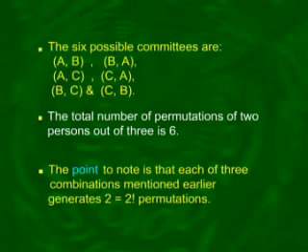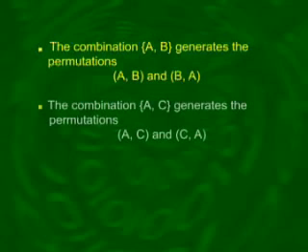But the point to note is that each of the 3 combinations mentioned earlier generates 2, in other words, 2 factorial permutations. The combination AB generates the permutations AB and BA. The combination AC generates the permutations AC and CA.